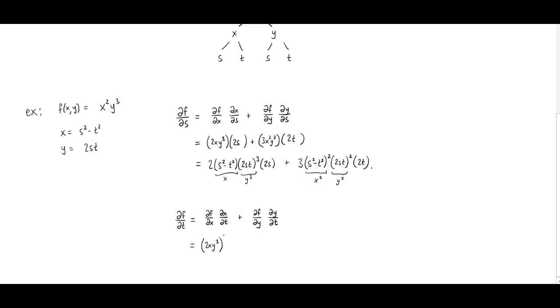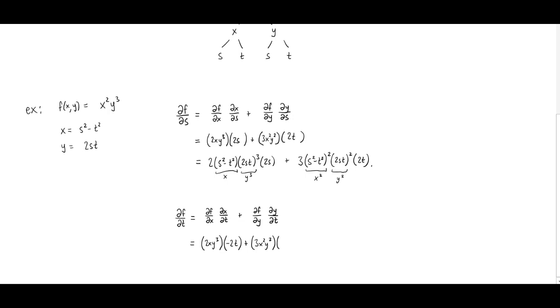Now this time we need the partial x with respect to t. So that should be negative 2t, right? And then the partial f with respect to y was the 3x squared y squared. And then the partial of y with respect to t was 2s. All right, is everyone good with that? Okay, all right.